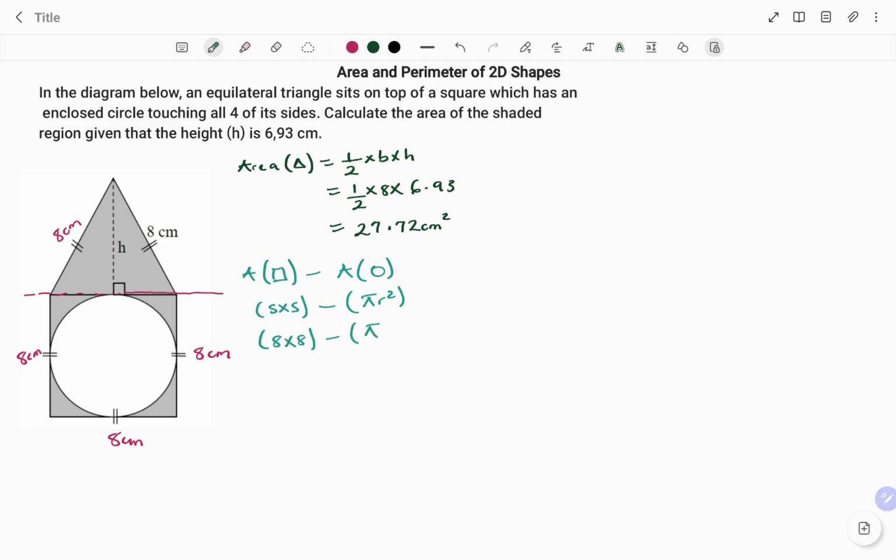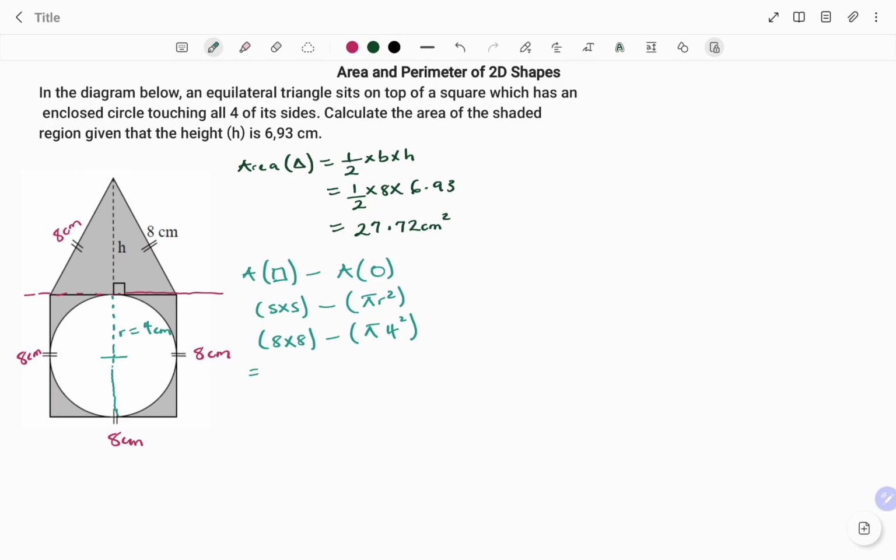Note that the total distance, or the diameter of the circle, is also equal to the side of the square, which is 8 centimeters. So to find the radius will be half the diameter, so your r equals 4 centimeters. So putting that back in, I have that as 4 squared.